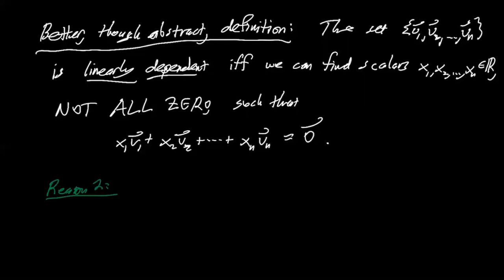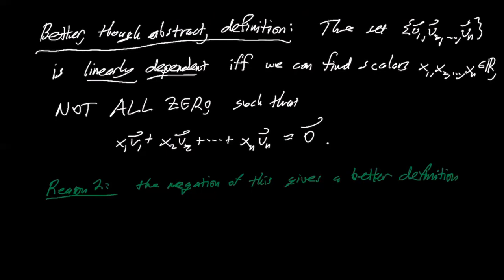So the negation, I mean, there's a whole logical way to negate statements, but the negation of this gives a more interesting definition of linearly independent, a better, more mathematical definition than just saying it's not this, and it's not something.